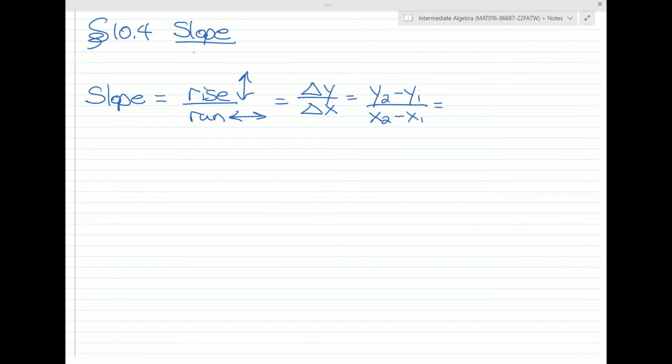And then the top number tells us whether we go up or down. The bottom number tells us whether we go right or left. If the top number is positive, we go up, negative, we go down. If the bottom is positive, we go right, negative, we go left.